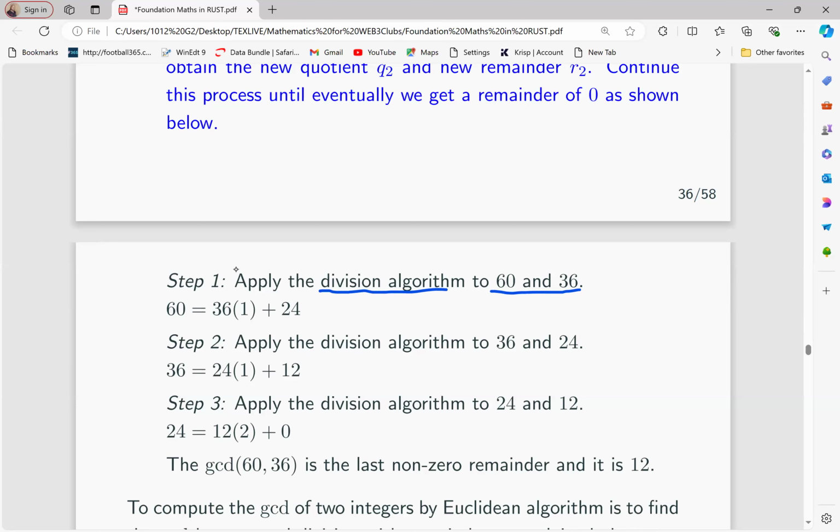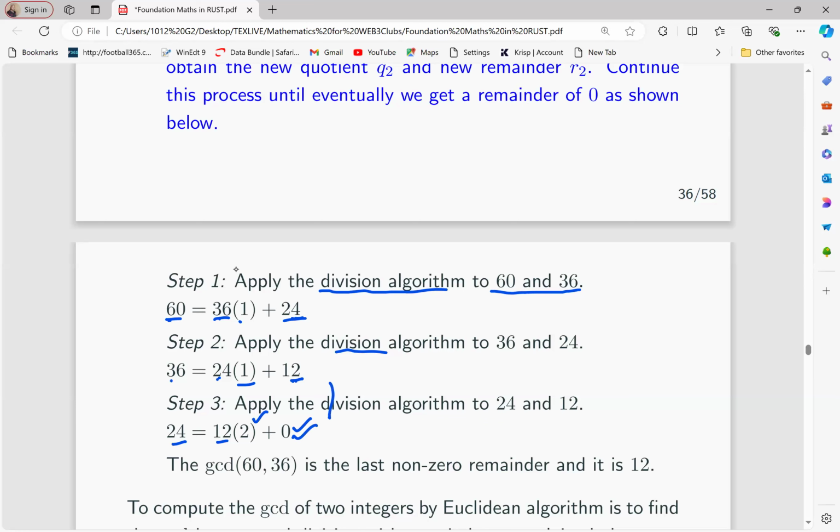So first, the two numbers, 36 and 60, 36 goes here once, and the remainder is 24. So we're going until this remainder becomes 0. In the next step, again, we use the division algorithm: 24 into 36, how many times? 24 goes there once, and the remainder will be 12. And then what about 12 into 24? It goes there twice, and the remainder is 0.